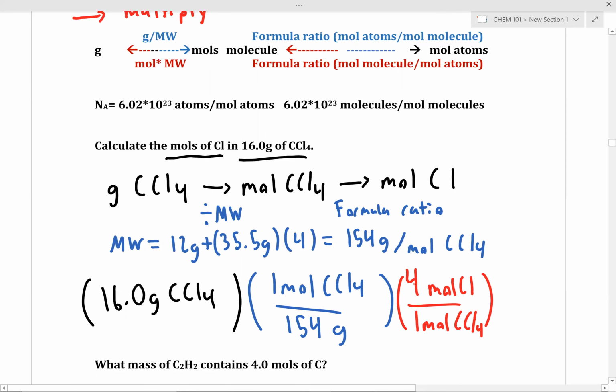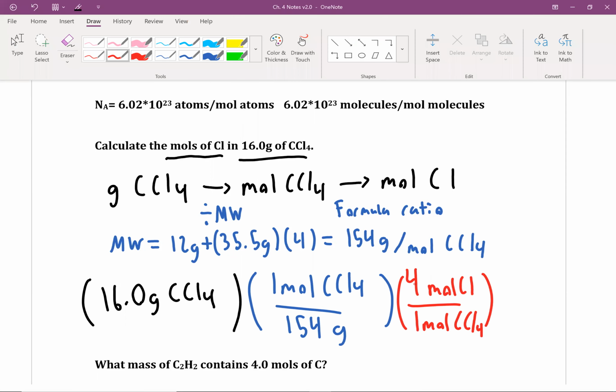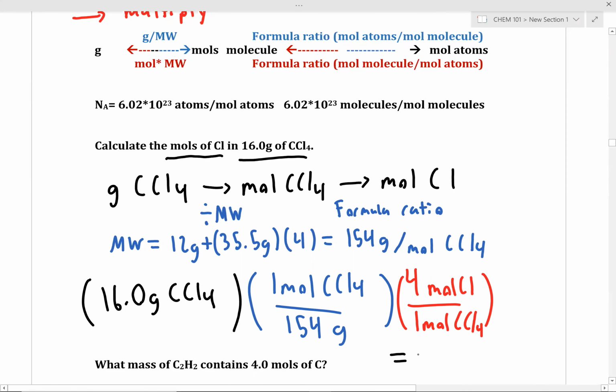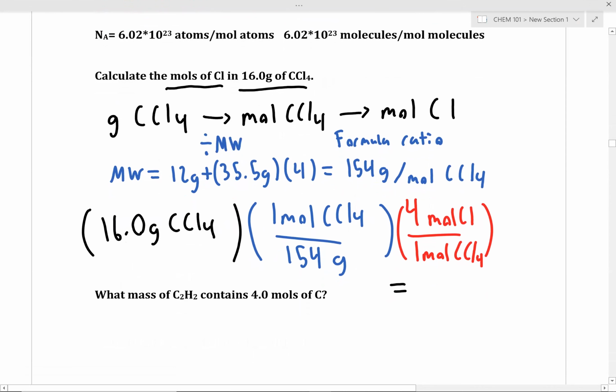Okay, we're now ready to punch this number into our calculator. So let's do just that. So we have 16 divided by 154 times 4.